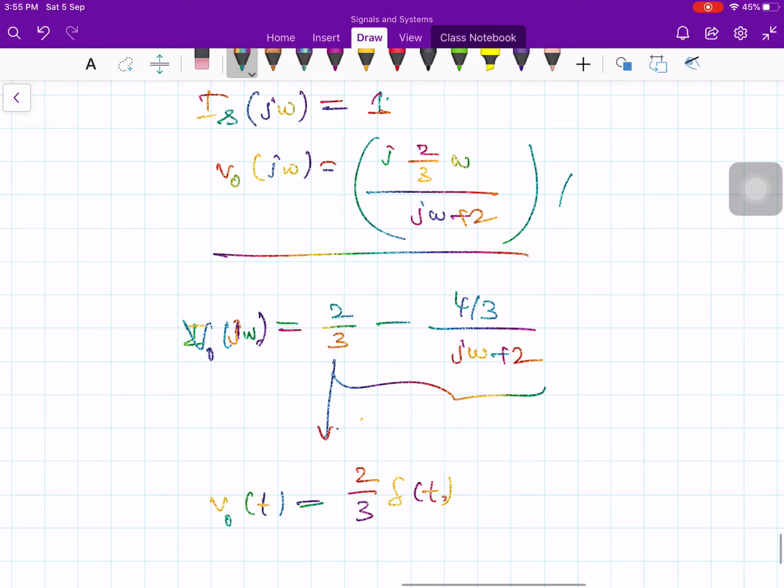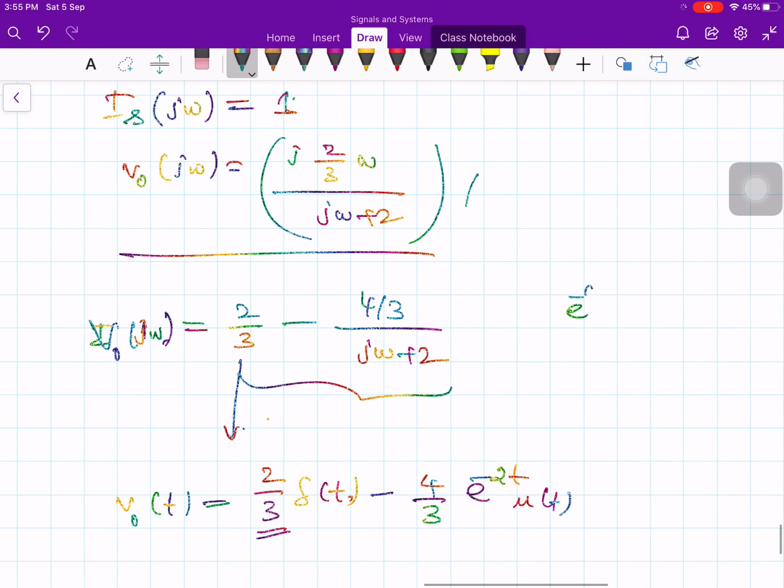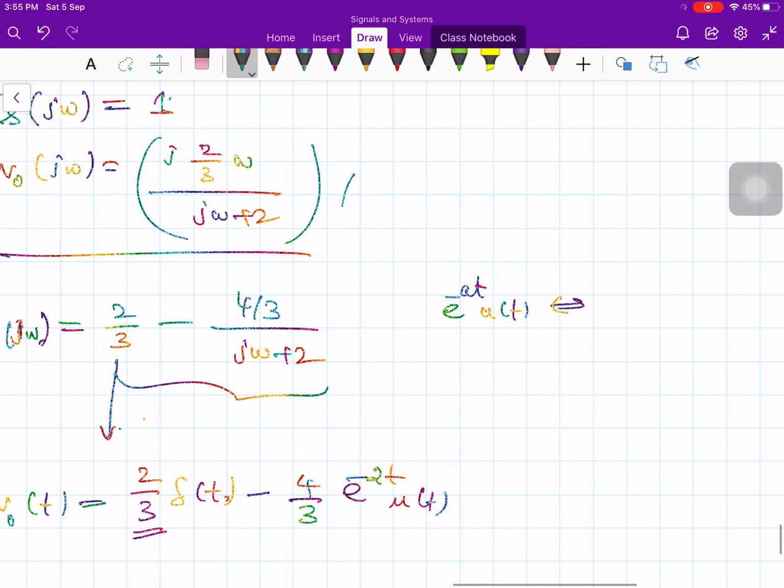It's a constant multiplied by del of t, minus 4 by 3. This is a plus j omega, so that means e to the minus 2t u of t. Recall your Fourier transform relation: e to the minus at times u of t has the Fourier transform of 1 by a plus j omega, right?